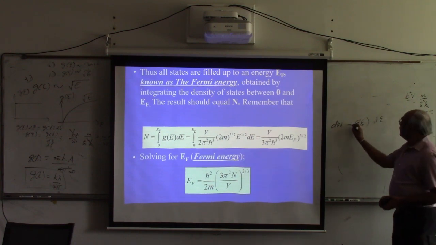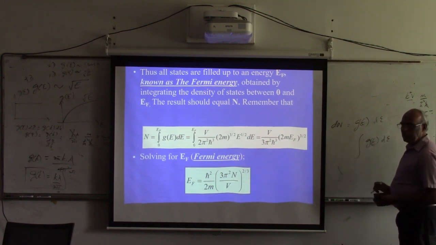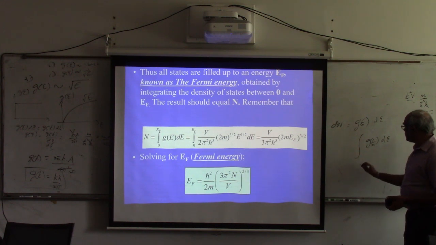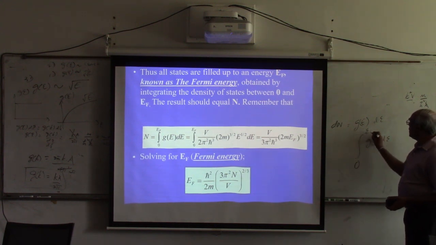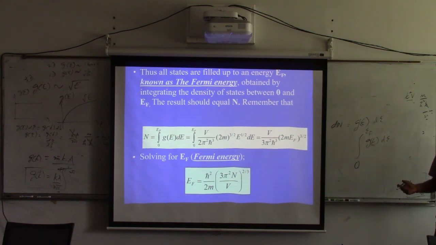If you take the integral of G(E) dE, if I integrate from 0 to the Fermi energy, what do you get? That's the total number of electrons, right?